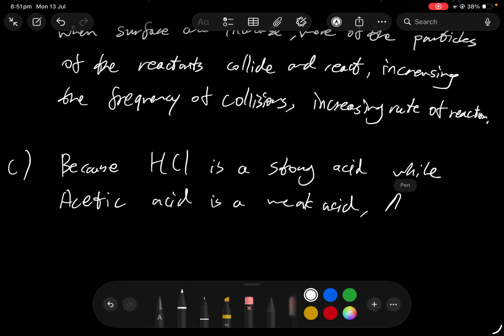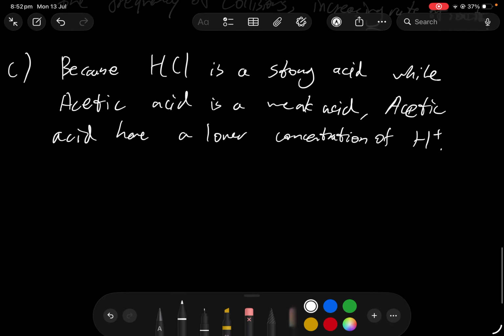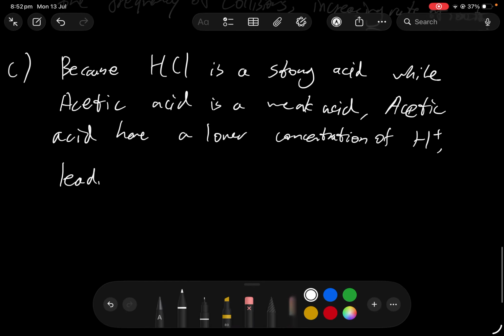Acetic acid has a lower concentration of H+, and this leads to a slower rate of reaction.